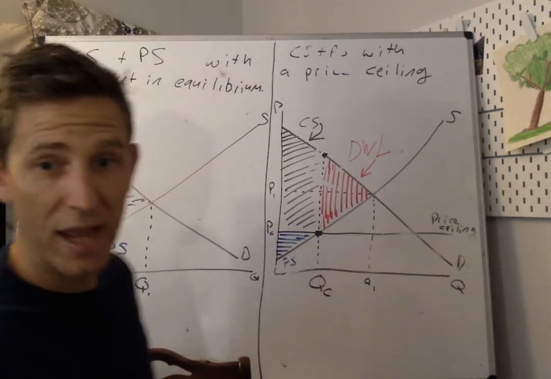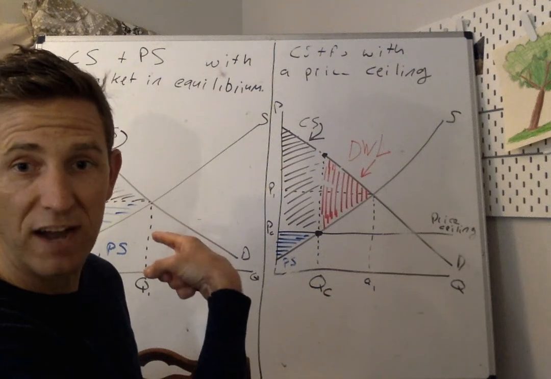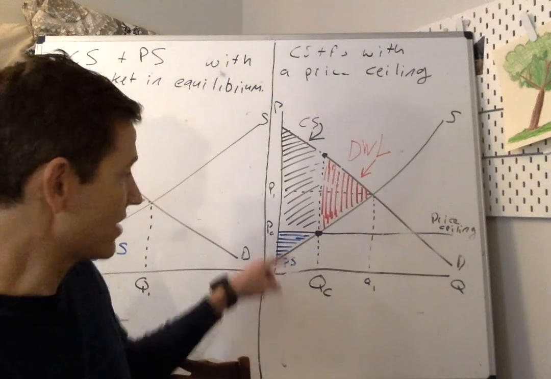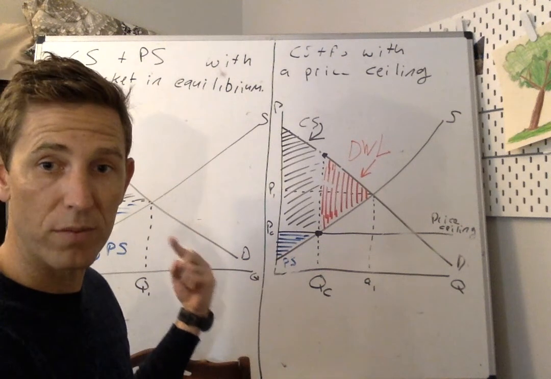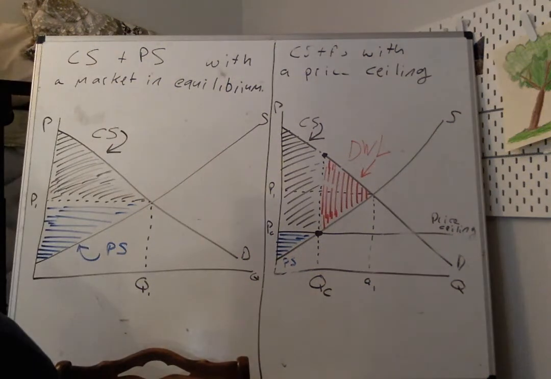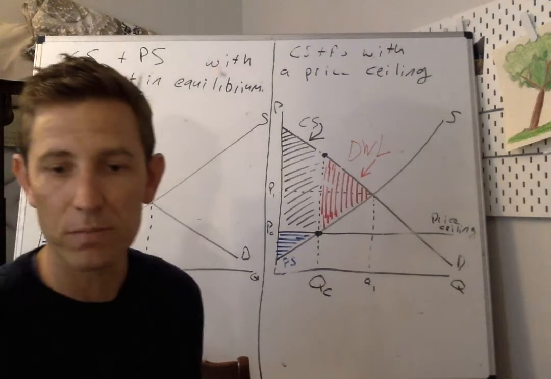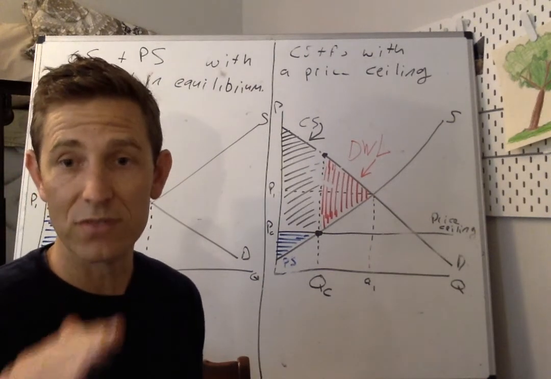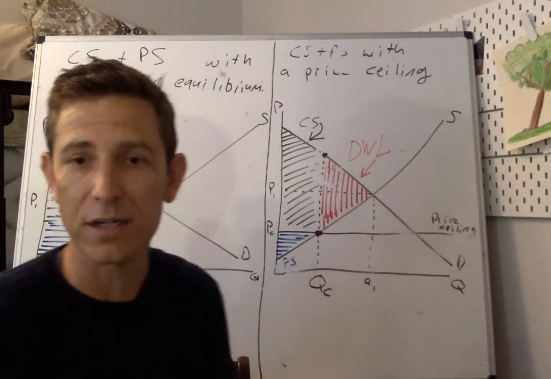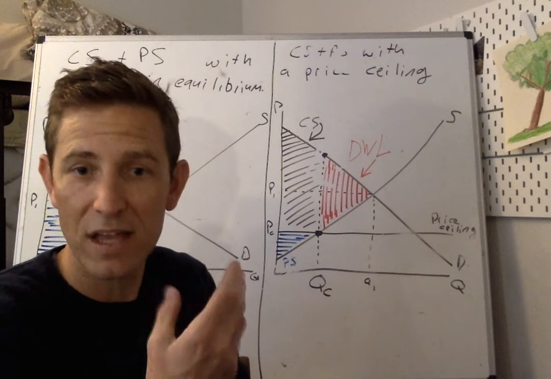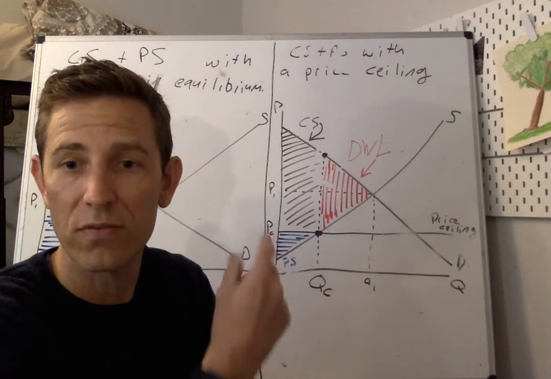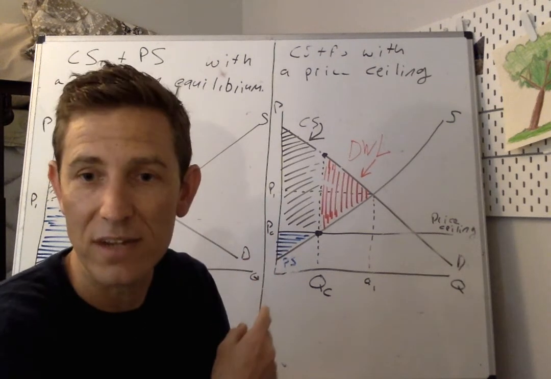I'm going to lean out of the way, take a look at this graph behind me, compare the size of this triangle with the producer surplus that we had before the price ceiling. It's gone down, hasn't it? It's much smaller. So because the producer surplus is reduced so significantly here, you should be thinking then, the graph is telling us, our model is telling us that sellers are worse off when we put into place a price ceiling.